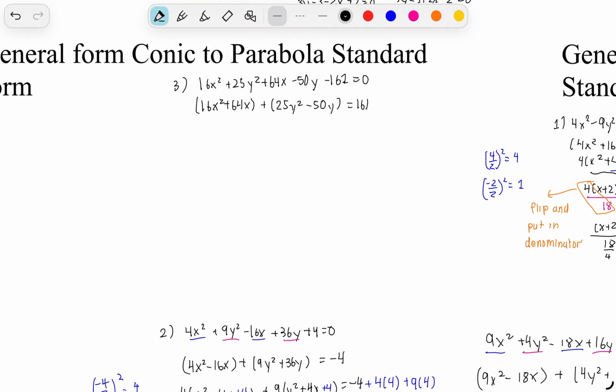Now you're going to factor. So you can take out a 16. And here you can take out a 25. After this, you can complete the square.